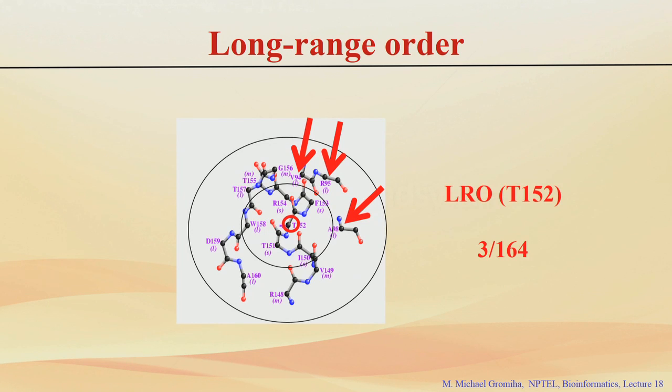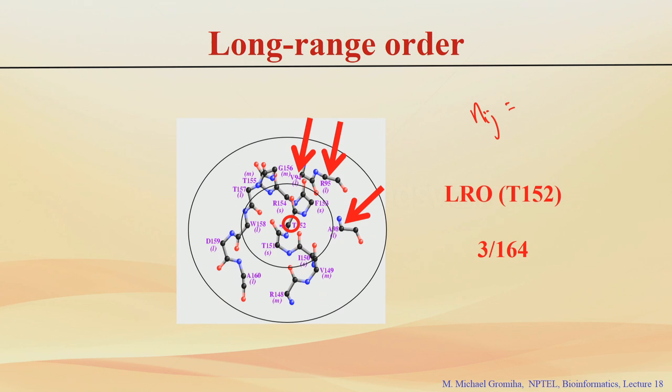For example, this is the protein I showed in the last class. This is the contact residues of threonine 152 in lysozyme. So, you can see they are occurring within the limit of 8 angstrom. So, what is the value of Nij here? Right, because you have to see the contact residues and how many are separated by at least 12 residues.